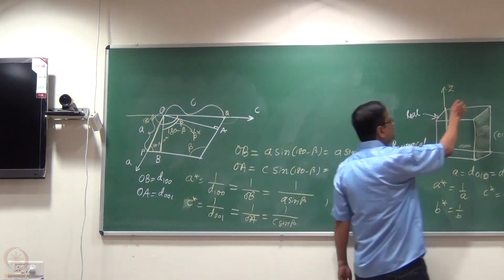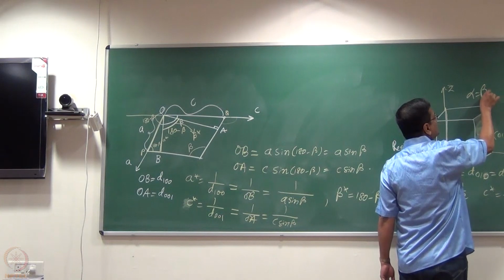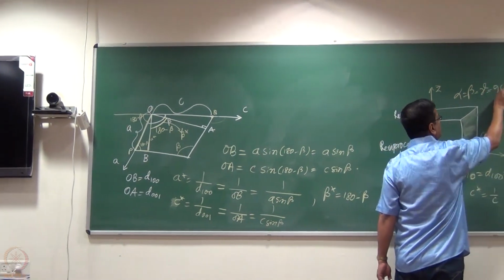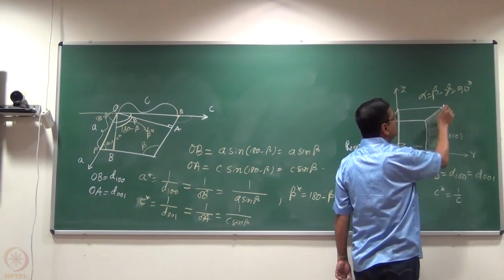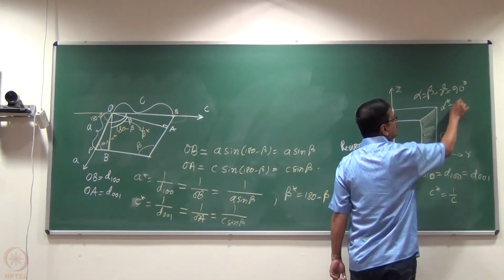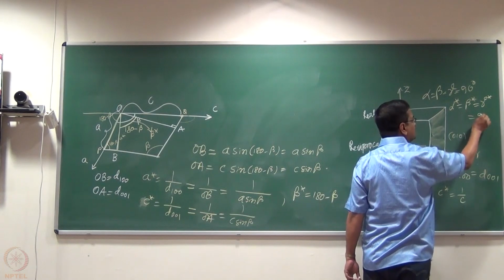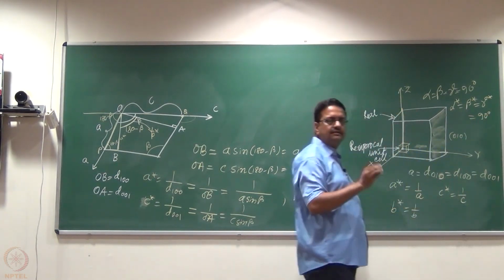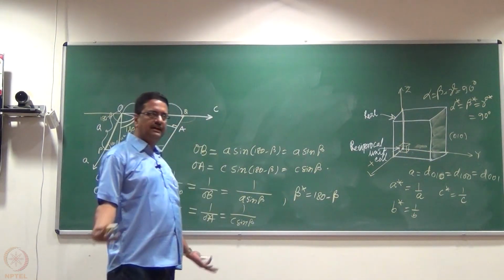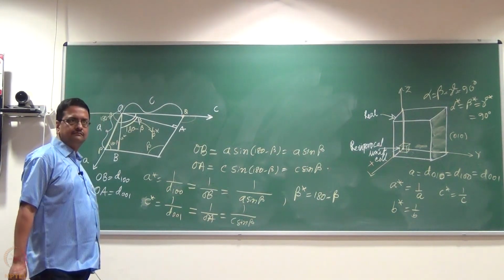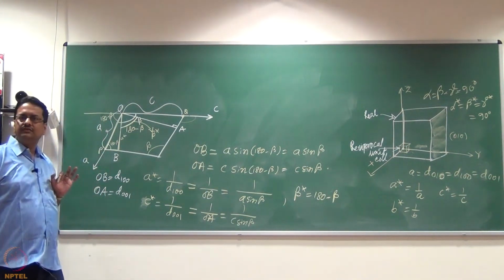Here, since alpha equal to beta equal to gamma equal to 90 degrees, alpha star equal to beta star equal to gamma star, once again equal to 90 degrees. Here in this case we did not have to change the angle because they are mutually perpendicular. Here the angles are not mutually perpendicular.